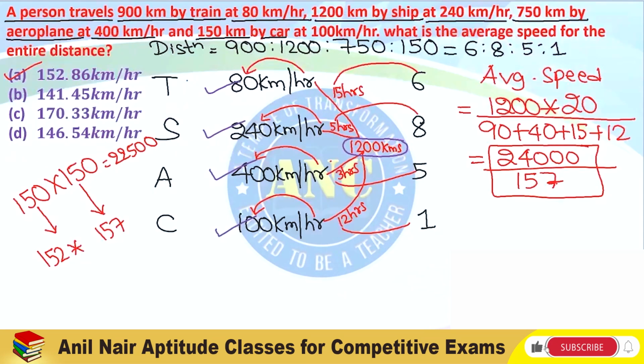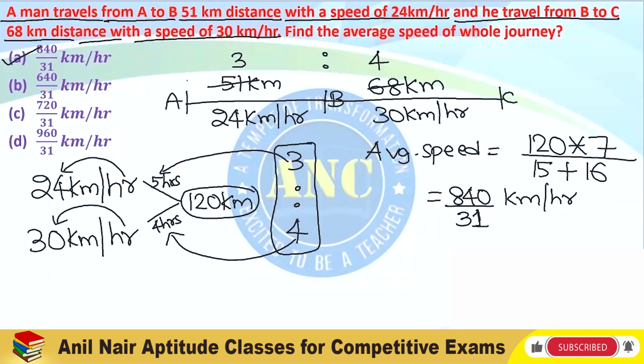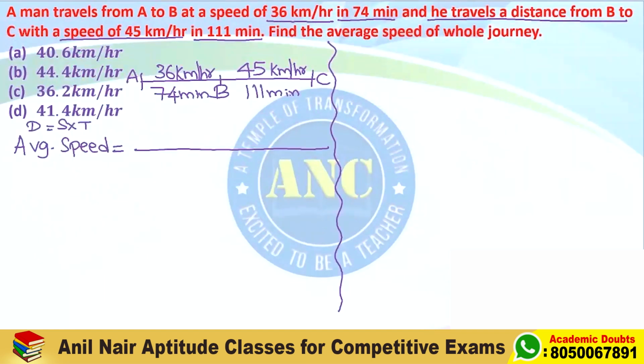If you see the previous questions, there the distance value and speed value were given. But in this question, speed value and the time value are given. So when you multiply those two, speed and time, you will end up with the distance basically.